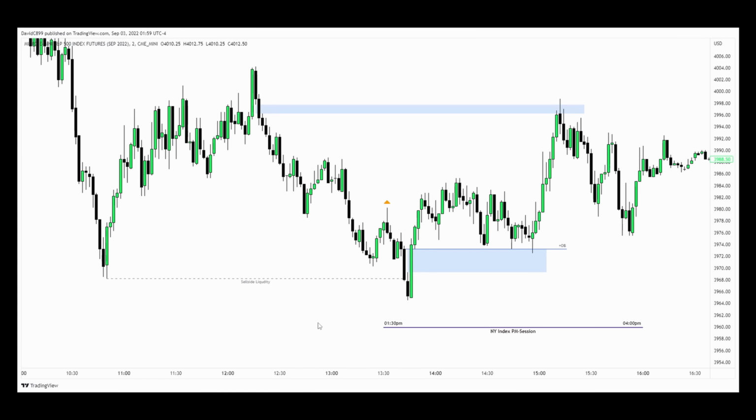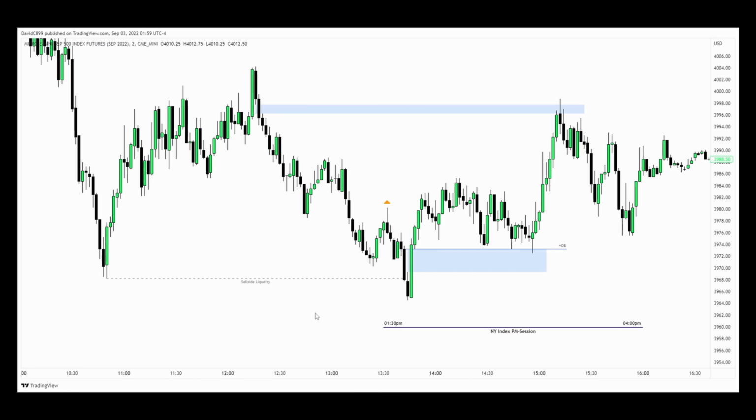This is Tuesday's trading. We are operating in the afternoon session, the PM session for the index futures, and on this particular day we can see that the market is trading lower aggressively, and we are operating at the low of the day.